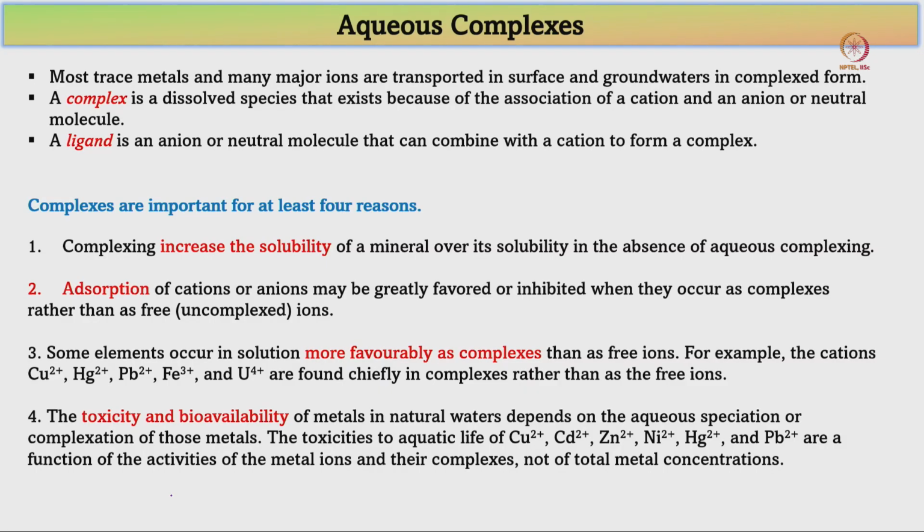In fact, many times it is the complex organic molecules that have this name, ligand. So, a ligand is basically an anion or a neutral molecule that can combine with a cation to form a complex. Such aqueous complexes control the solubility and mobility of not only particular metals, but for most elements it is extremely important.